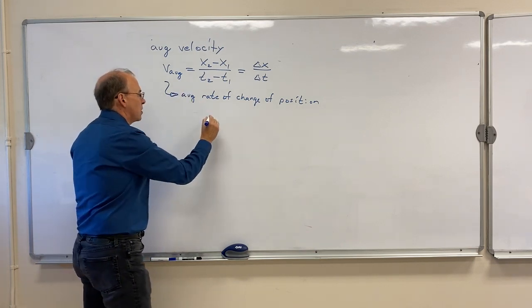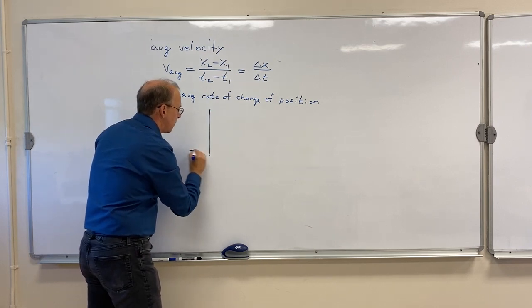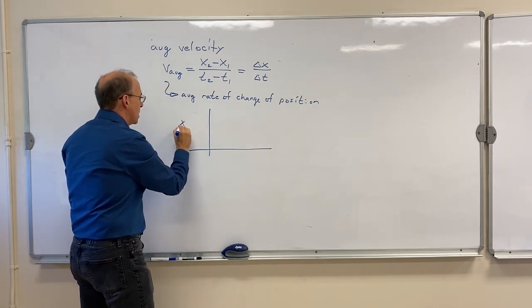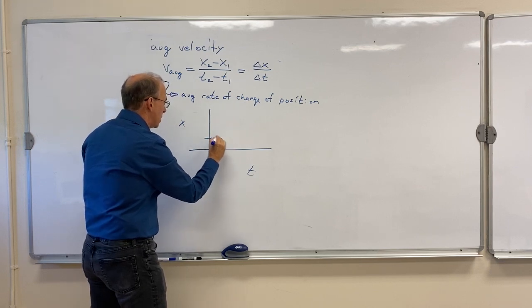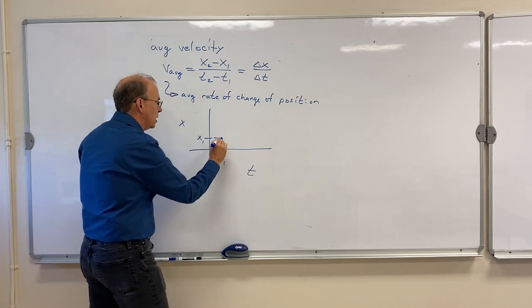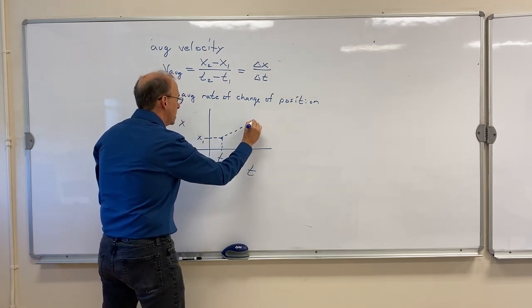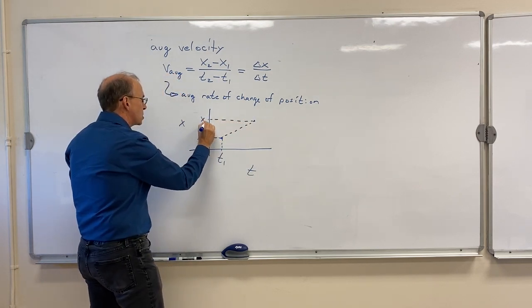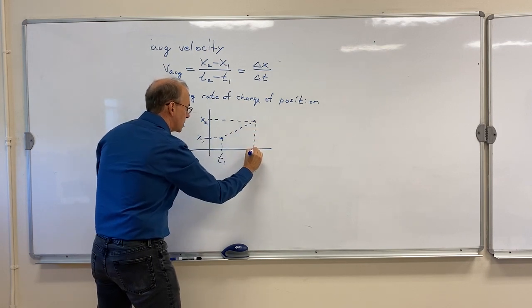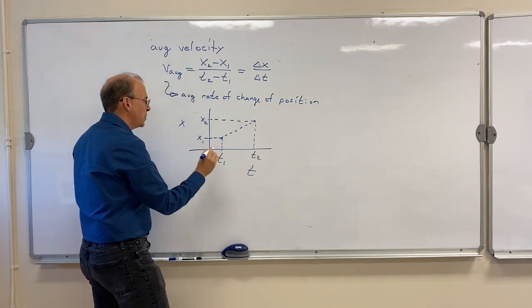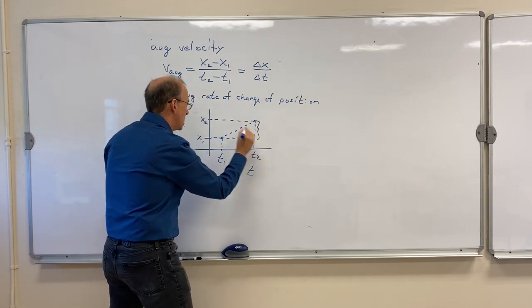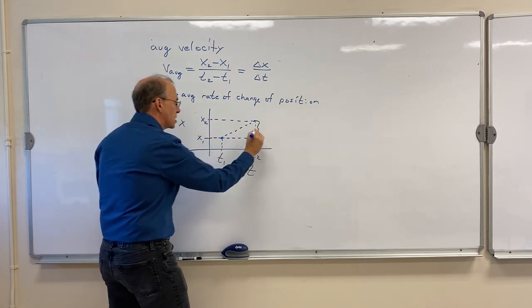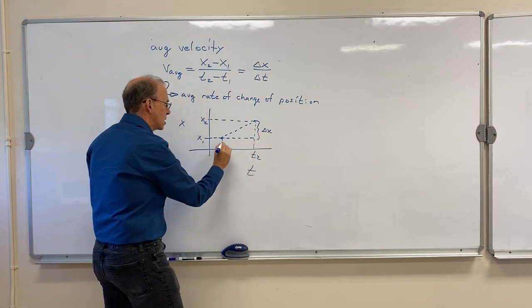Now this could even look familiar to us if we were to do a plot of position x versus time t, and if we had a particle start at some x1 at some time t1 and move to some position x2 at some later time t2, notice the following. This distance, x2 minus x1, is delta x.